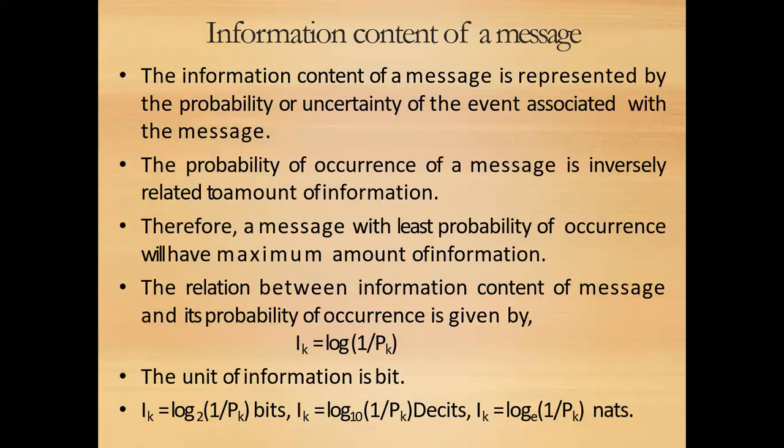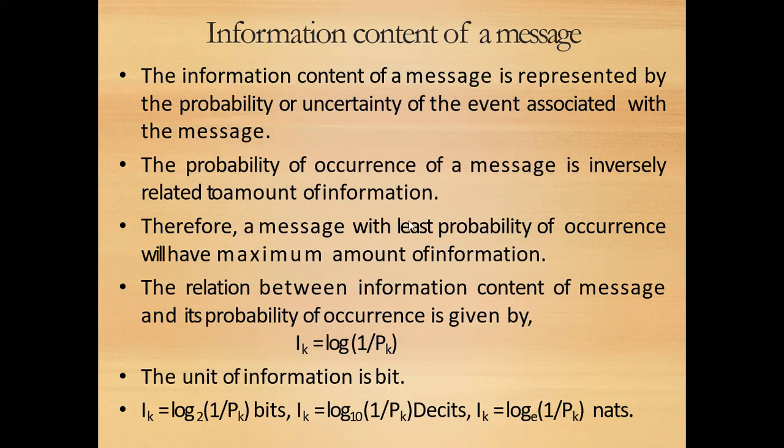Information content of a message means how we can identify the information content in a particular message. It is represented by the probability or uncertainty of the event associated with the message. We can define this as: the probability of occurrence of a message is inversely proportional to the amount of information.